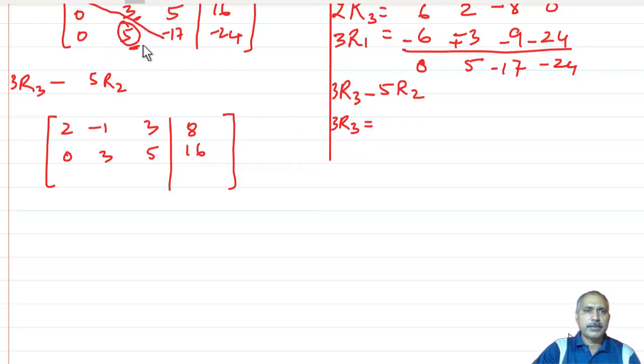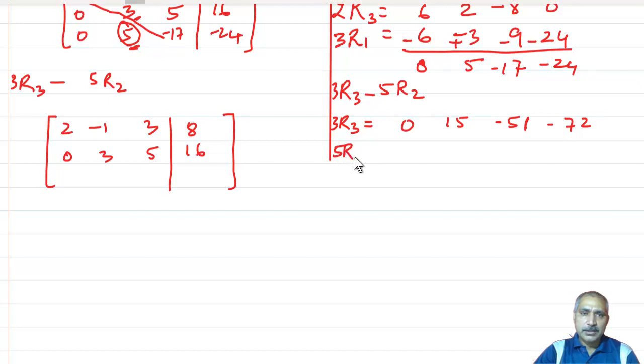Now if we multiply this row by 3, it becomes 0, 5 3s are 15, and 7 3s are 21 and 3 1s are 3, plus 2 5, 51 with the minus sign. And then we will multiply 24 by 3, it will be 4 3s are 12 and 3 2s are 6, plus 1 7 with the minus sign.